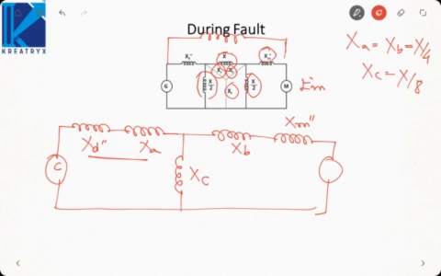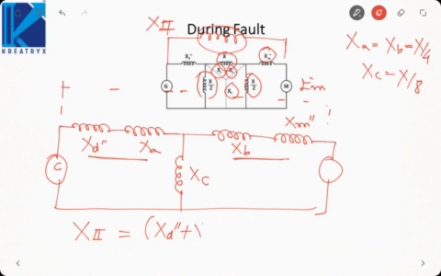These two are in series, these two are also in series. So now if we want to find such a reactance, we have to convert this star connection into delta again. Let me call it X2, that is the transfer reactance during the fault. X2 will be equal to Xd double dash plus XA, XB, double dash plus XM.